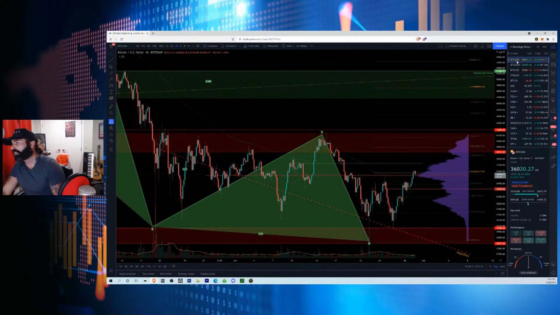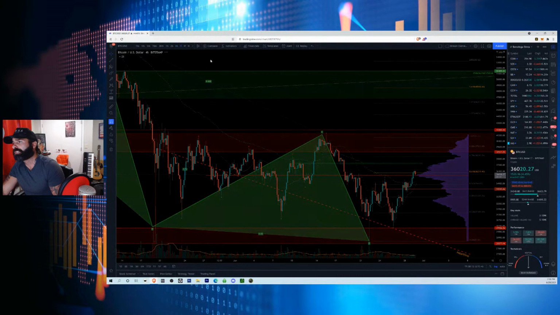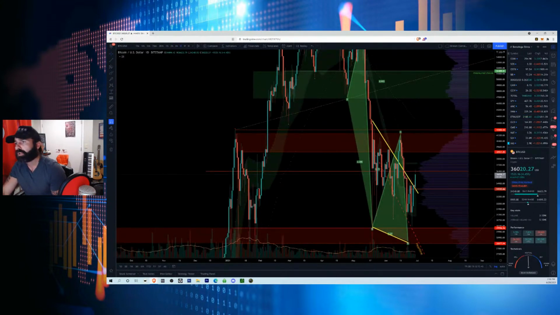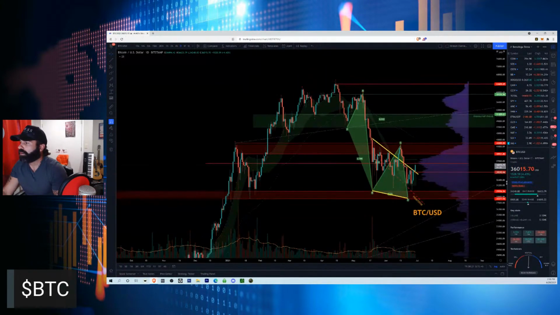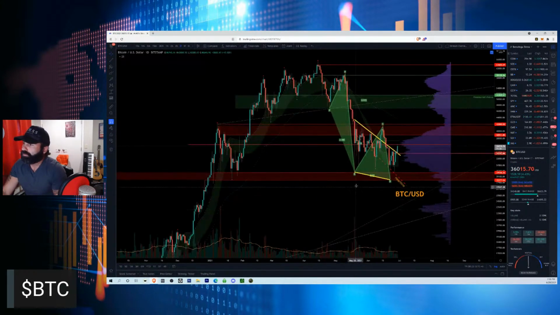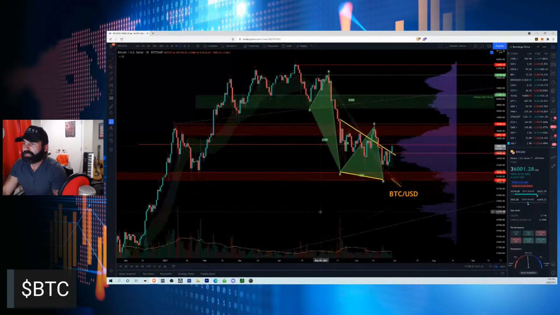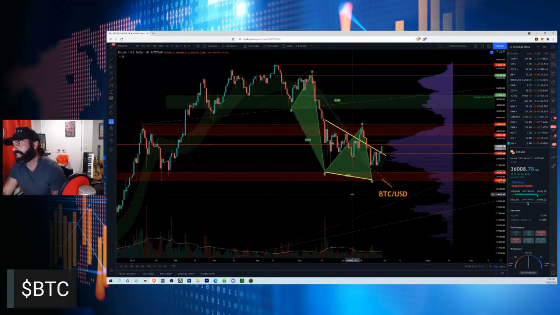To further the argument, on this daily chart here, we also have a black swan. It's another harmonic structure. This is more common in Forex, but all the same.